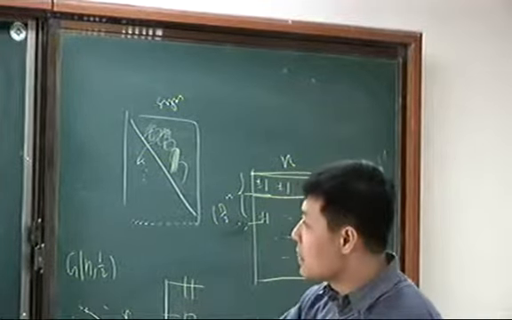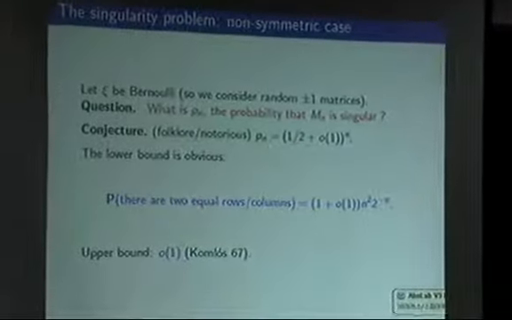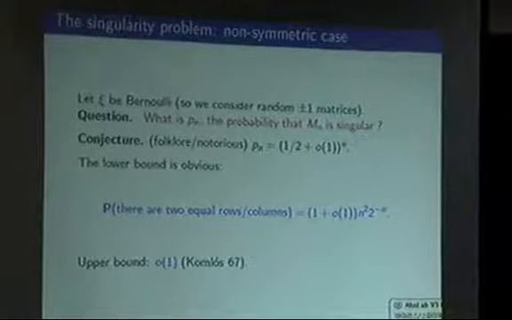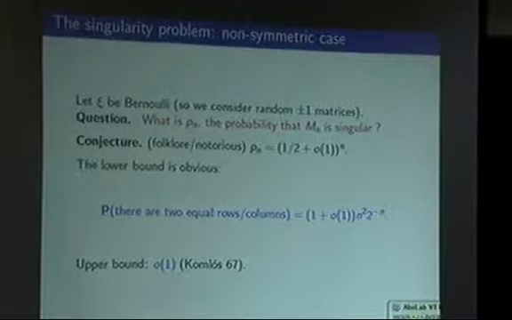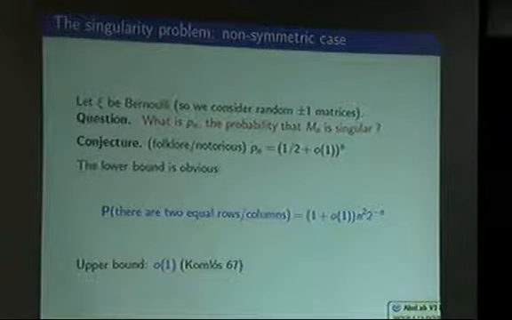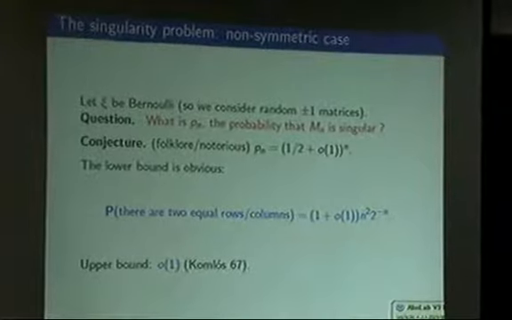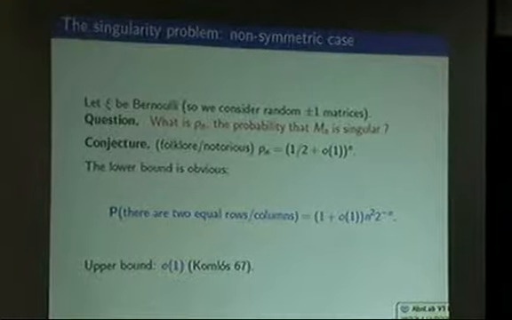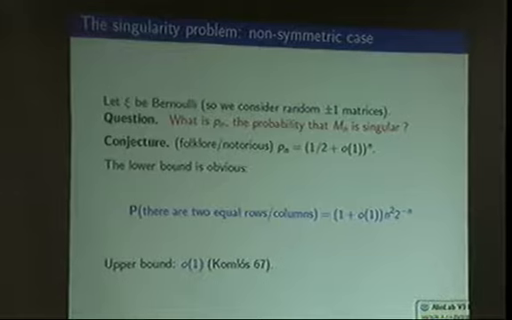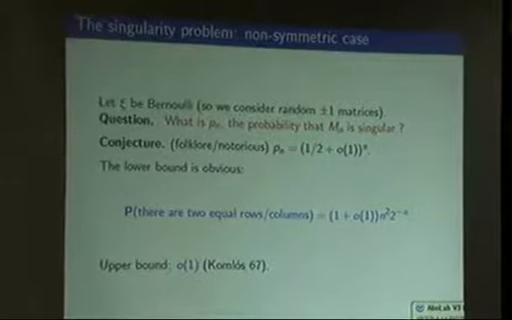So you have this lower bound for Pn, and the conjecture is that the lower bound is actually more or less the upper bound. Okay. Any question so far? This is trivial. Yeah, the lower bound is trivial. Somehow two factors meeting.